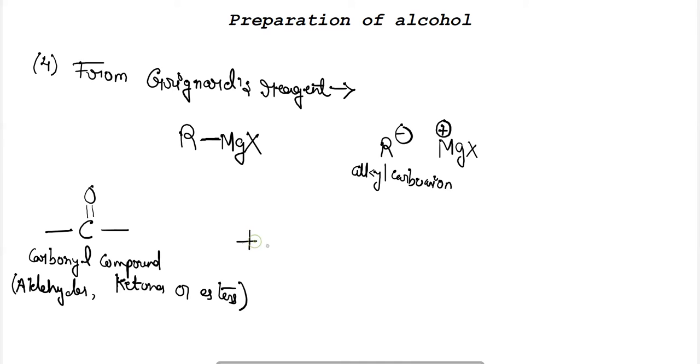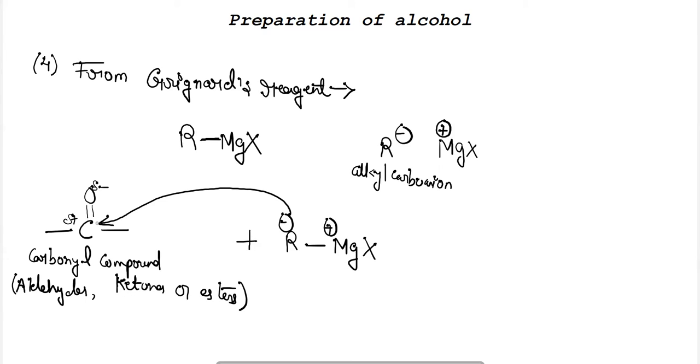Now, when it is reacted with the Grignard reagent, RMgX, here the carbanion and magnesium will be in the positive charge. So this carbanion, which is behaving as a nucleophile, will attack the positive part of the carbonyl compound, that is the carbon here.